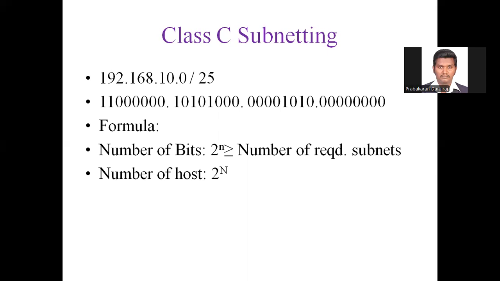Let us assume that in LAN number 1, I have only 30 systems. Out of 255, I may connect only 30 systems, so the remaining 225 IP addresses will be wasted. This is not an efficient usage of the IP address. For this reason, we can perform the subnetting process.